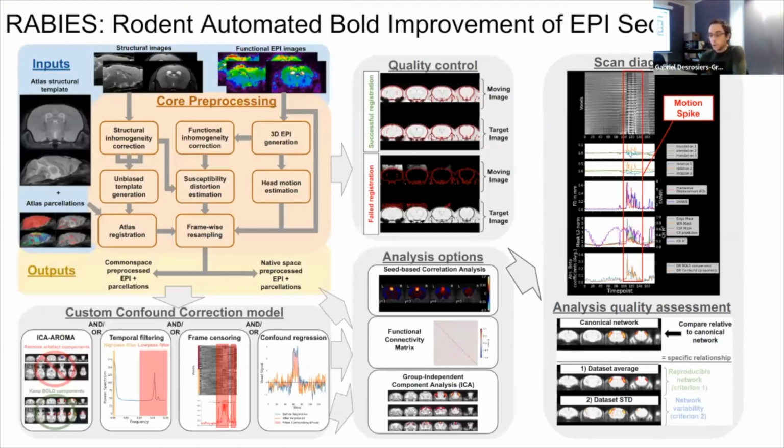If there's no more question on this particular aspect, that really wraps up all the different aspects of the pipeline. So RABIES really aims to handle all of the intermediate image processing decision steps for you and try to develop better standards for the community, all the way from pre-processing to analysis, data quality control.